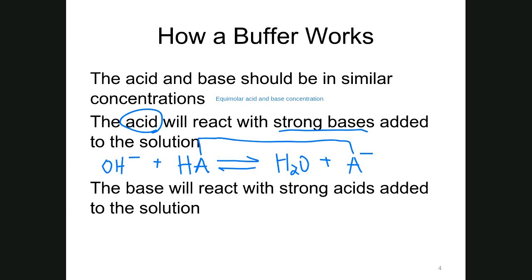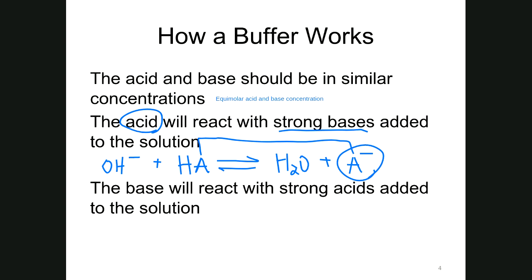So we're using the acid portion of the buffer to neutralize the base, and then we're going to be left over with some of our base from the buffer system. That's going to be a common ion. Okay, just to kind of tie it back to what we had just discussed.